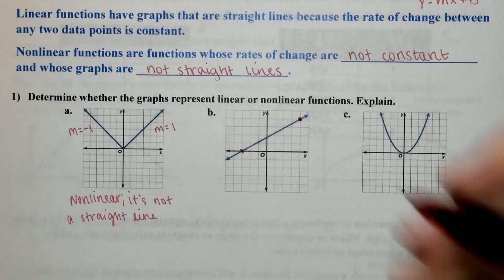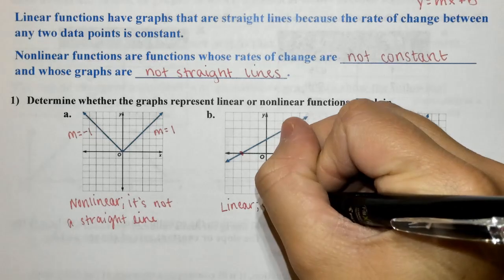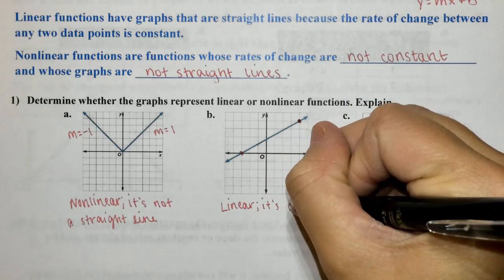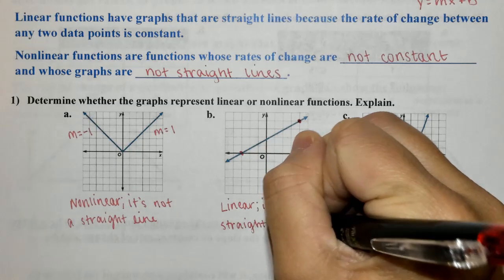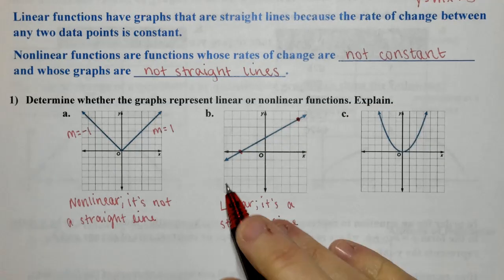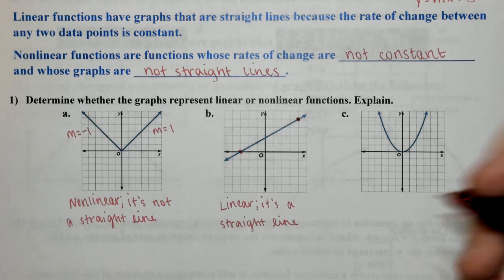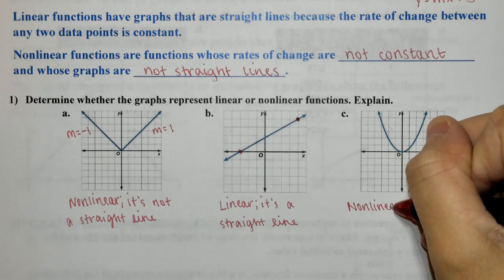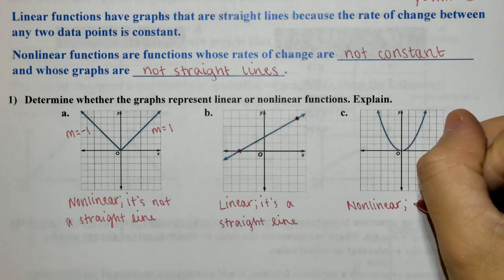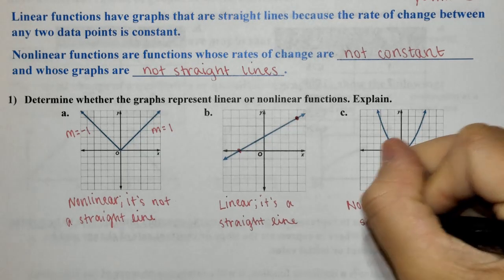It's a straight line, so we would say that this one is linear, because it's a straight line. And the slope is going to be the same no matter what 2 points you choose to look at on that line. Okay, for this parabola, we would say it is nonlinear. And again, it's not a straight line.